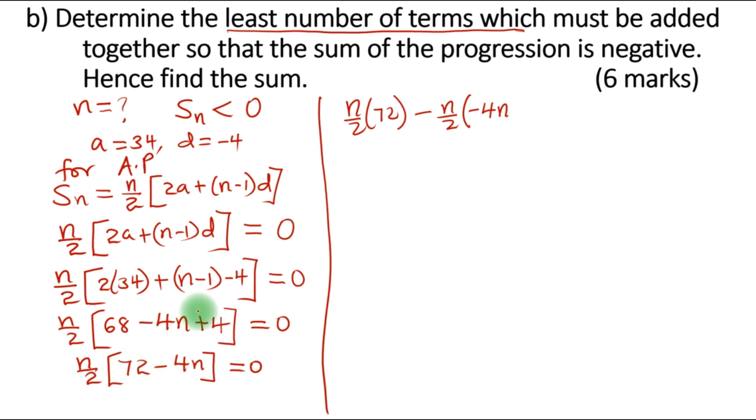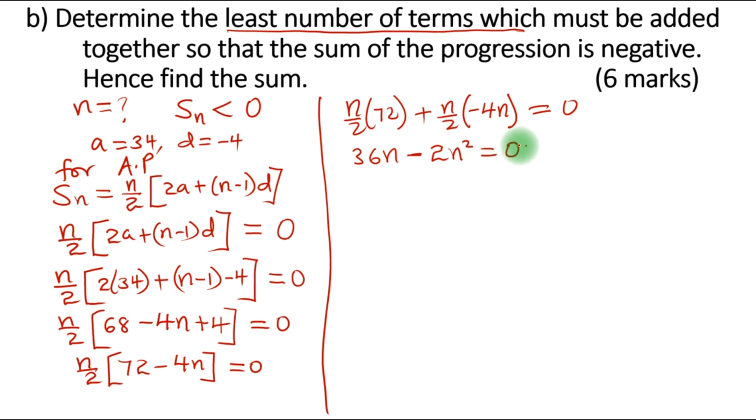Actually that will be equal to, again if we multiply by n over 2 we get 0, so this will be 36n, then we have minus 2n squared, equal to 0.